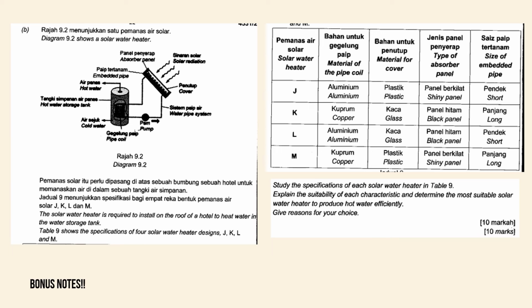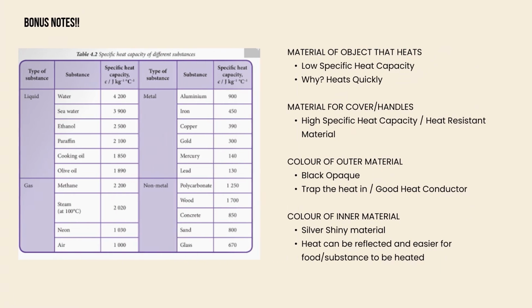So usually for this type of question, an important thing to know is the specific heat capacity of different substances, usually the metals and the non-metals, and to understand what is needed for each specification. I'm not really going to go into this, but you guys can pause the screen and read. But please study the specific heat capacity of different substances and understand what is needed for each specification.